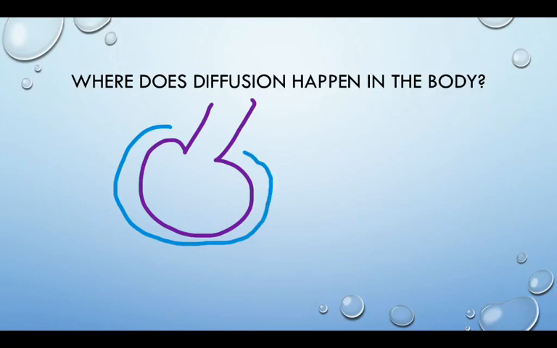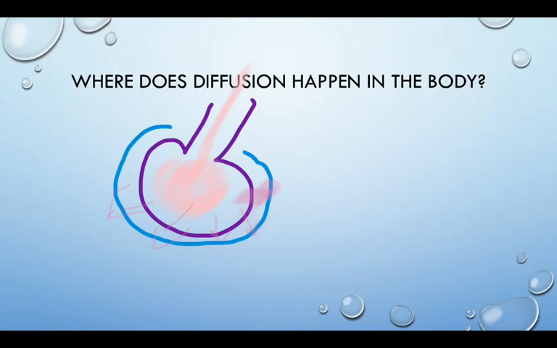So when somebody breathes in air, and I'm going to make the air pink because it has oxygen in it, the air comes in, and because there is less oxygen in the blood here than there is in the alveoli, that oxygen moves across that membrane into the bloodstream.